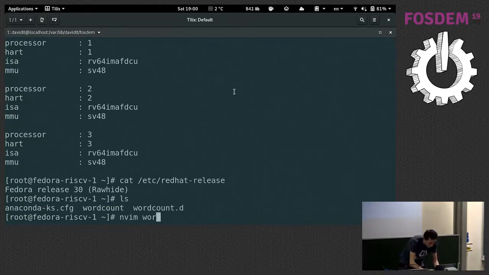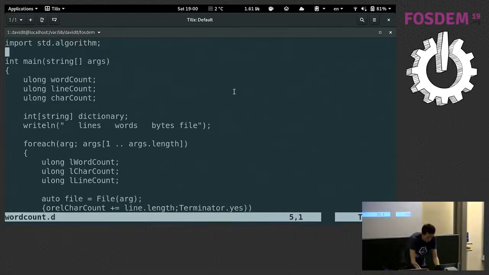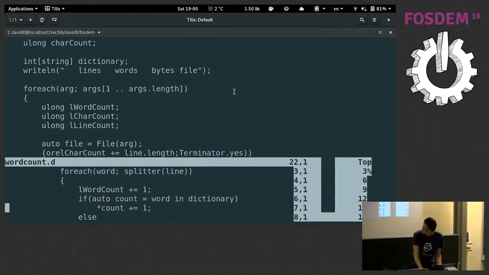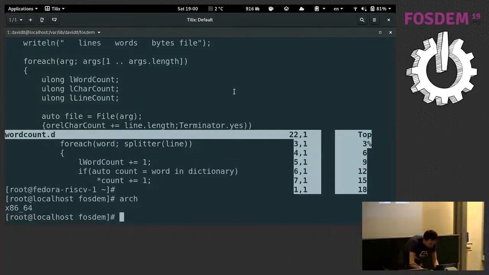So what we're going to do, if we have time, is this D language. I'm not a D language user very much, but I still debug the thing. And maybe one thing that you can change is go back to Intel.